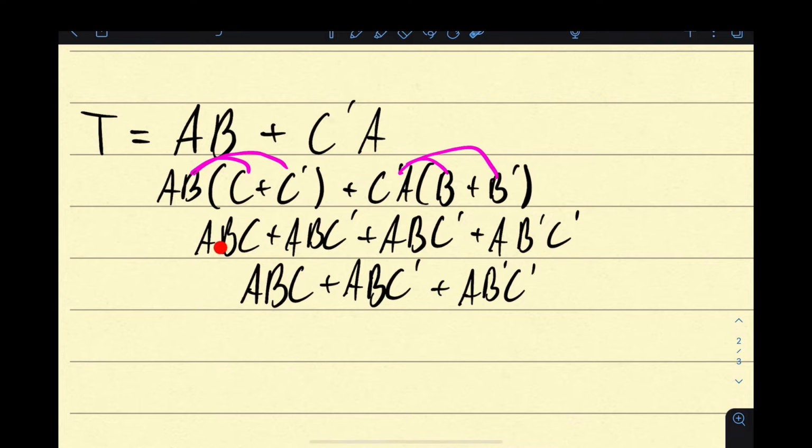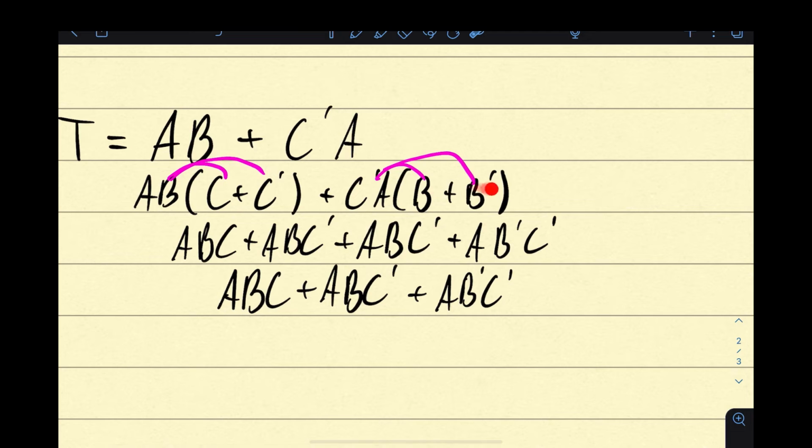So I have A and B and C being added with A, B, and C's complement. And then from this term over here, I have, and I wrote this in order, of course, A, B, and C's complement added with A, complement of B, and the complement of C. And then you just need to be sure you cancel out any common factors, but you just keep the one.